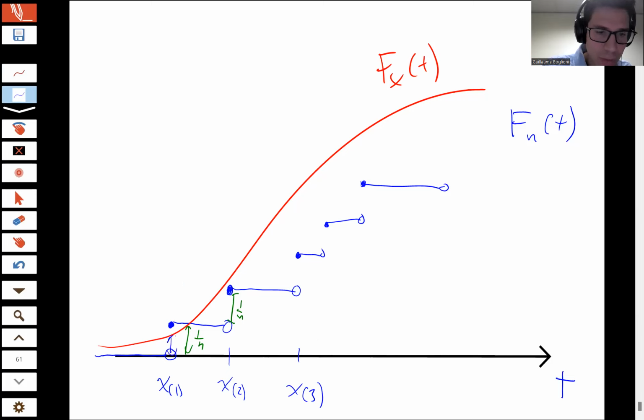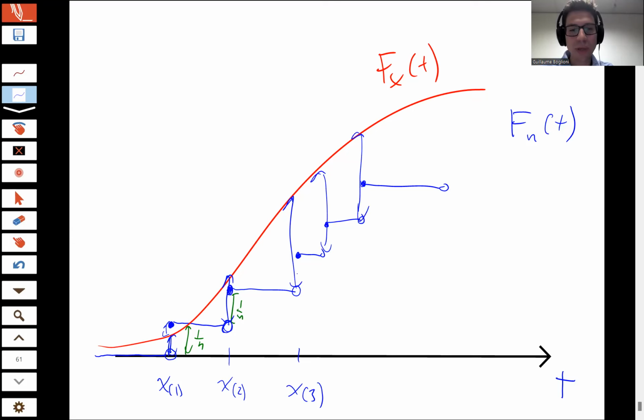Here the difference between x1 and the curve is this interval, and then it's here, this interval. But of course, the biggest one for that specific observation is this one. Then you look at every point. Here, the difference goes from here to here. And here the difference is this, and here the difference is this.